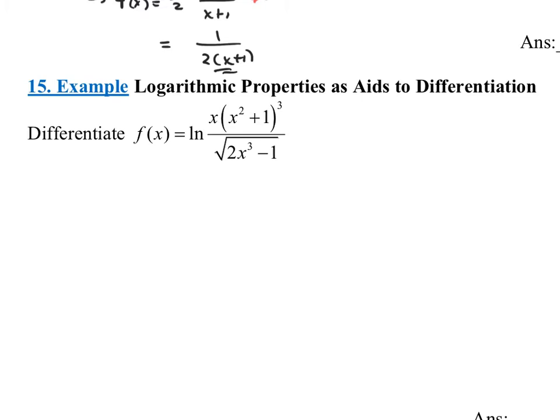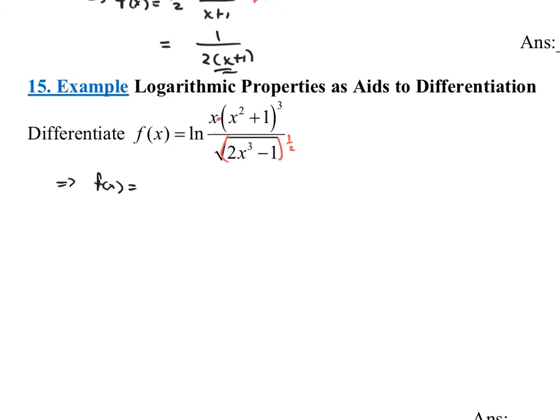But let's see if we can use those logarithmic properties. So what I'm going to do is use the fact that this is x times x squared plus 1 quantity cubed. And on bottom, I'm going to look at this square root as raised to the 1/2 power. But remember, division separates to subtraction. So I'm going to use the fact that multiplication separates to addition and division separates to subtraction.